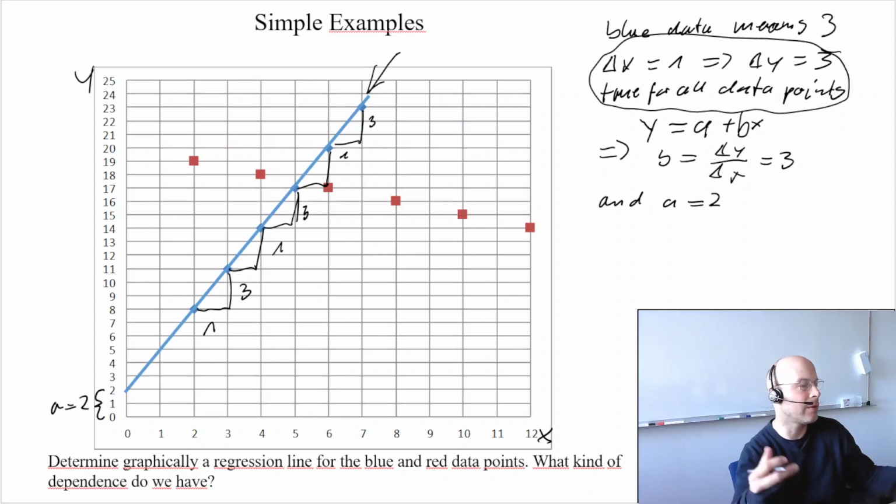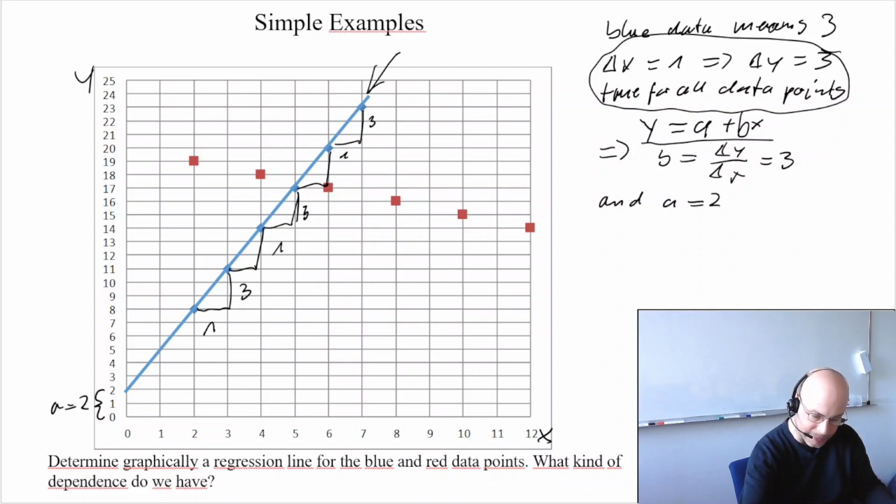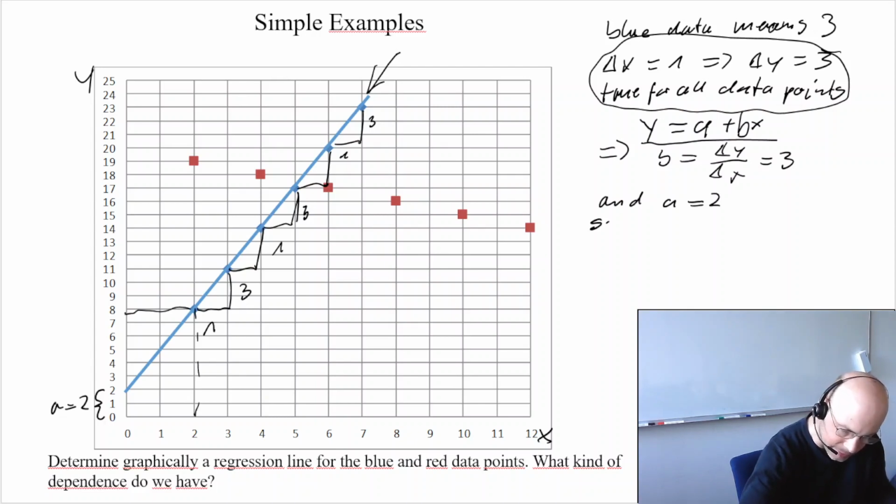And in order not only to draw it here and determine this graphically, we of course also can insert in our assumed linear dependence some data point, and some data point is 2 and 8.